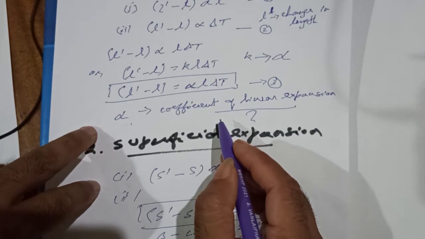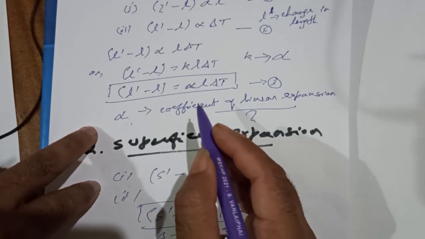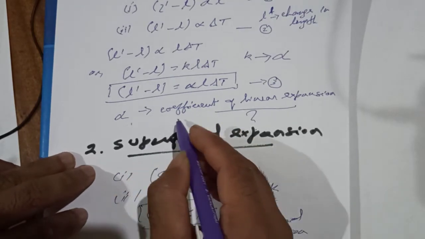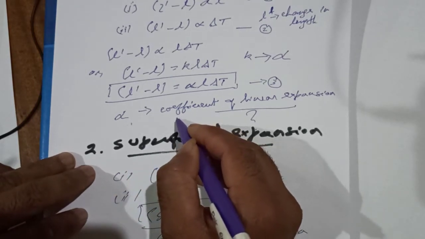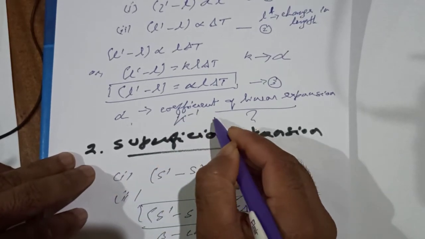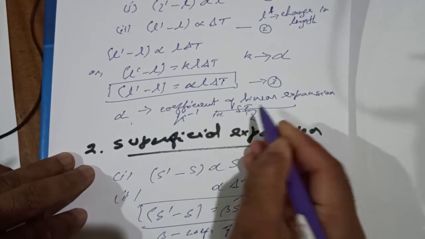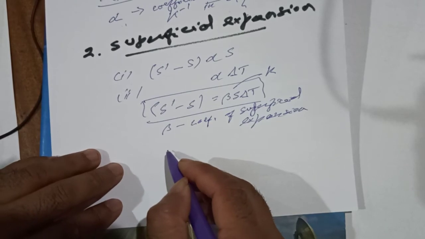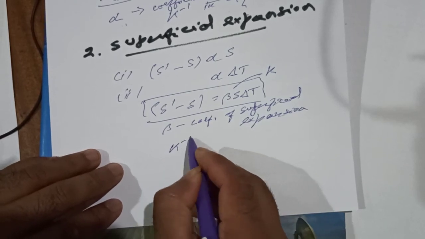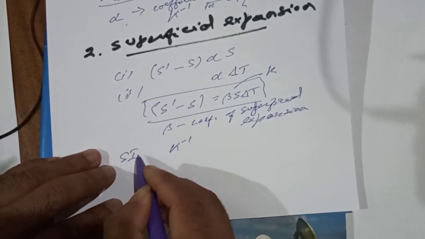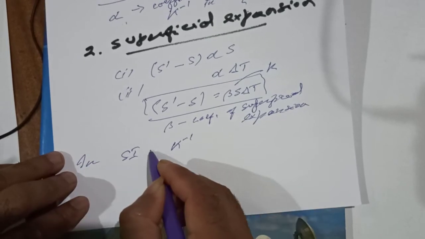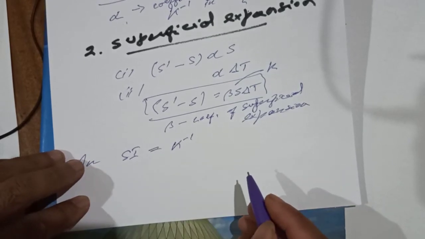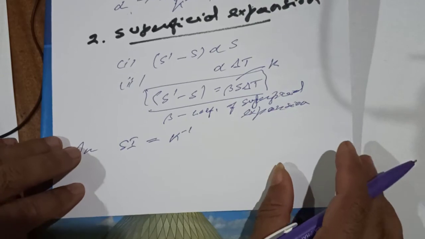The SI unit of this alpha is per Kelvin, K to the power -1. You must know that. And we have the same SI unit for beta. It is per Kelvin in SI. So you must know that.